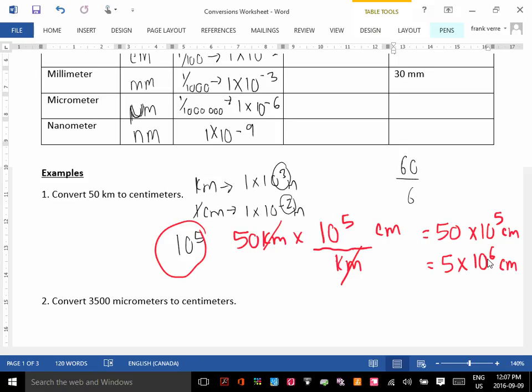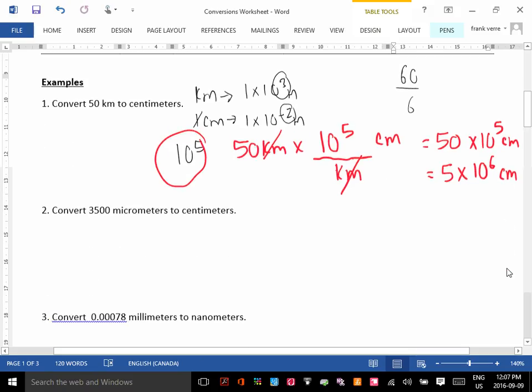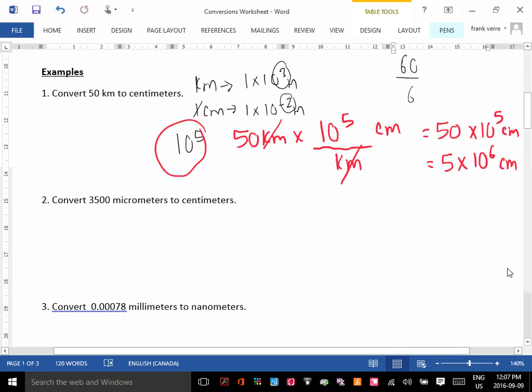Let's do micrometers to centimeters. So, relative to the base, which is a meter, what's a micrometer? 10 to the negative what? 10 to the negative 6. Okay.